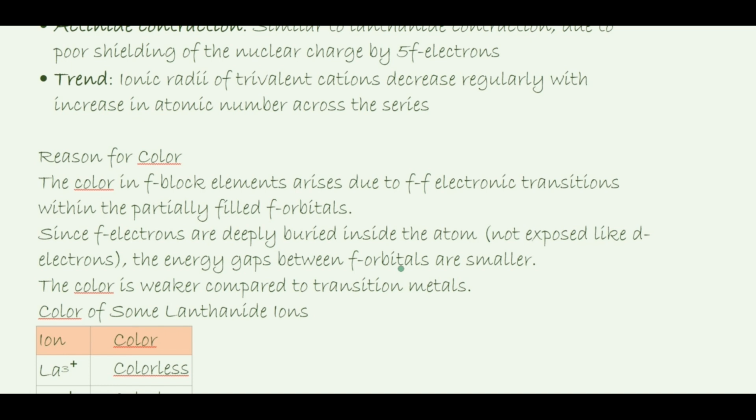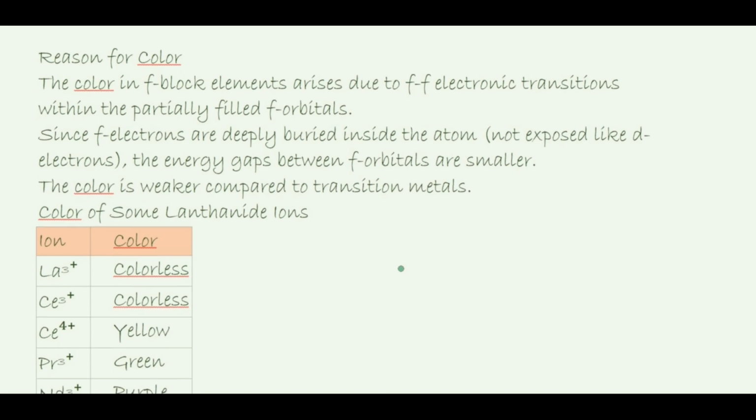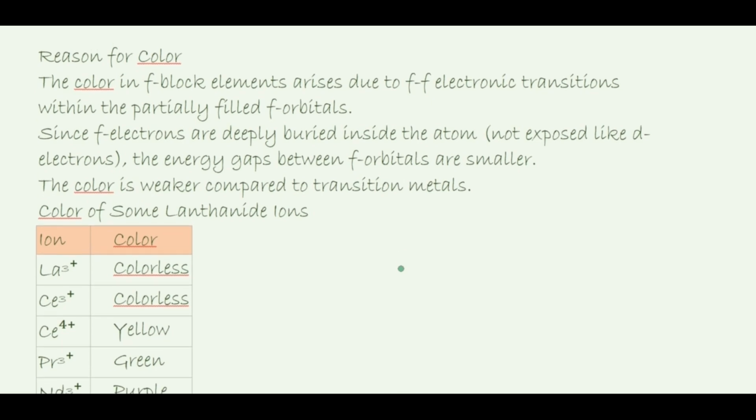In d block elements in the transition series, we talked about d-d transition being responsible for color. Here it is f-f transition. Since f electrons are deeply buried inside the atom, the energy gaps between f orbital electrons are smaller, so the color is weaker compared to the transition metals.